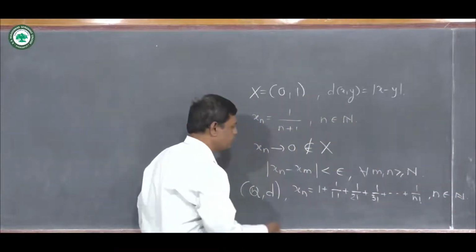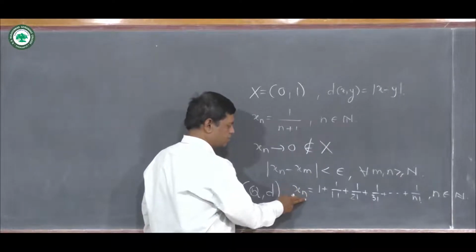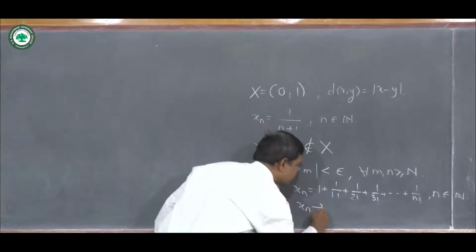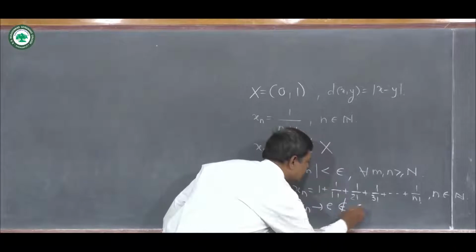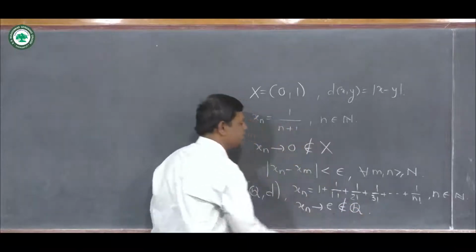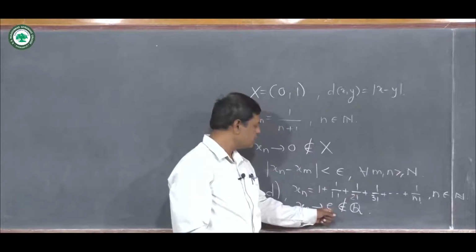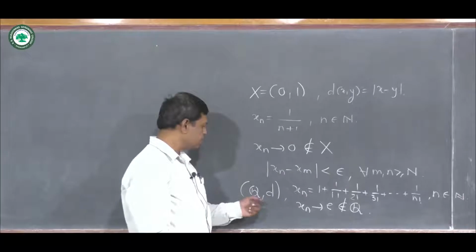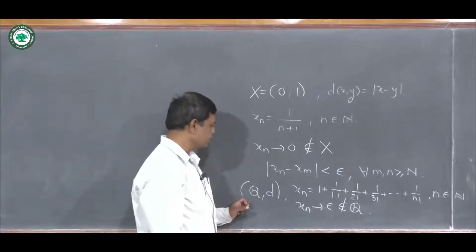This sequence converges to E, but E does not belong to Q, because E is an irrational number. So this sequence is not convergent in the space (Q, d), where Q is the set of rational numbers.